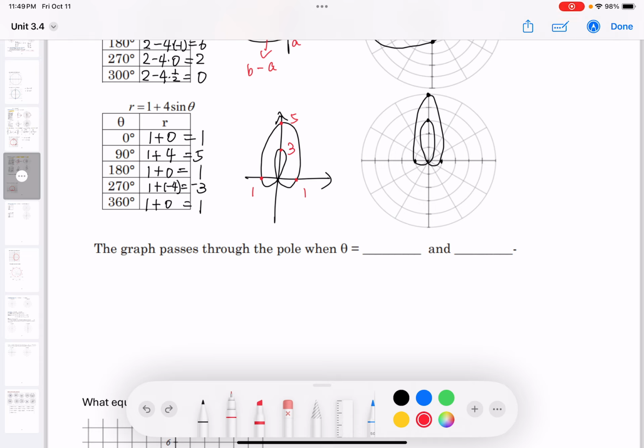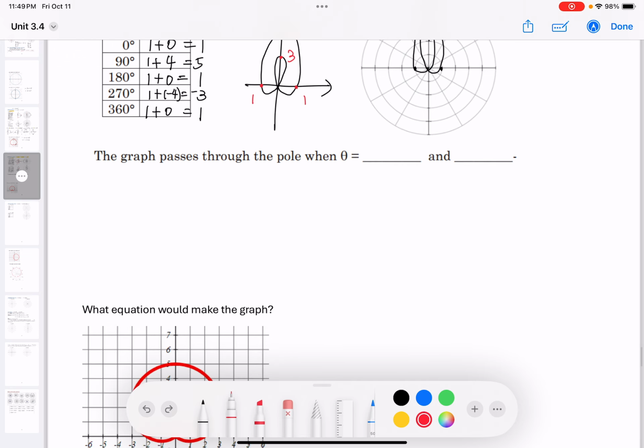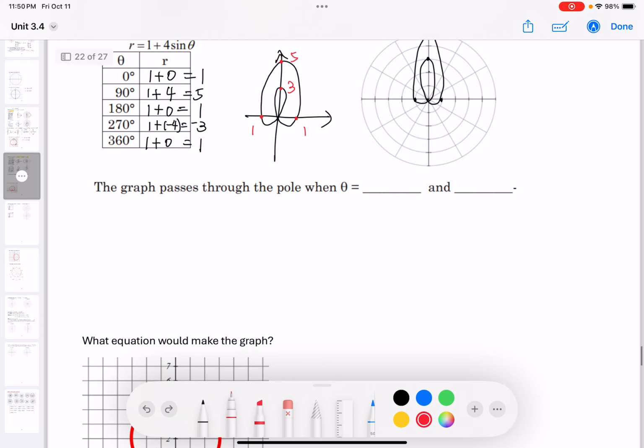Okay, let's see the next example. Graph that passes through the pole with theta equals what and what? What's the meaning of this question? So a point passes through the pole. Pole means the origin or 0, 0. So that means my radius is 0. That means r must be 0.